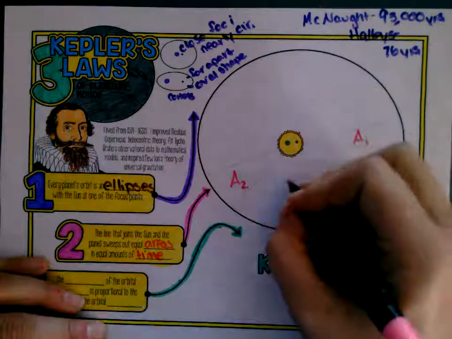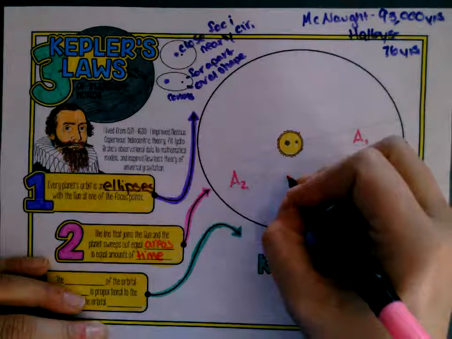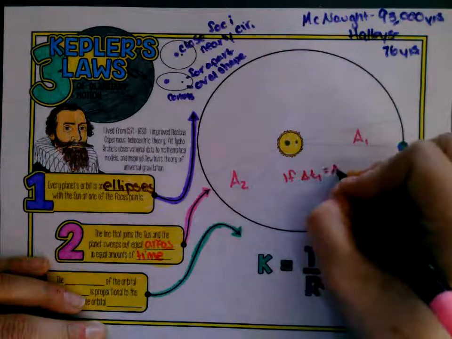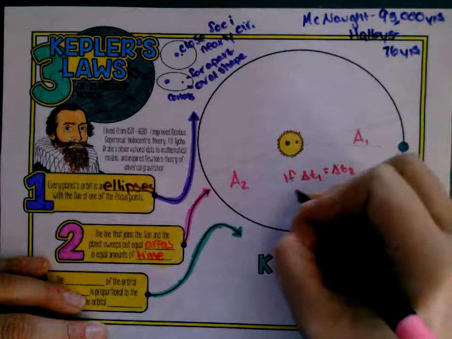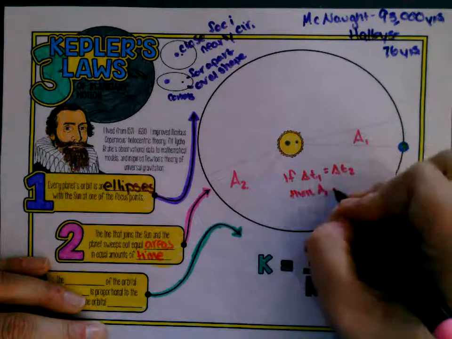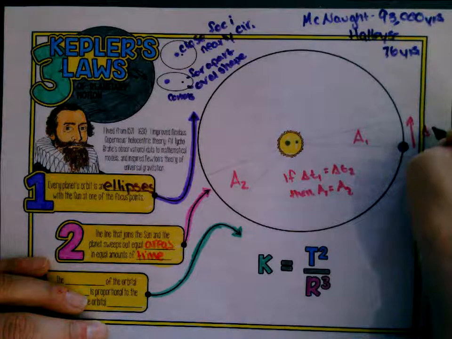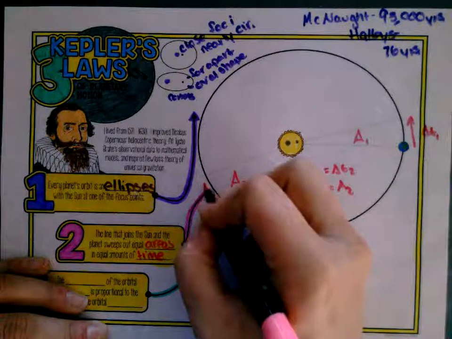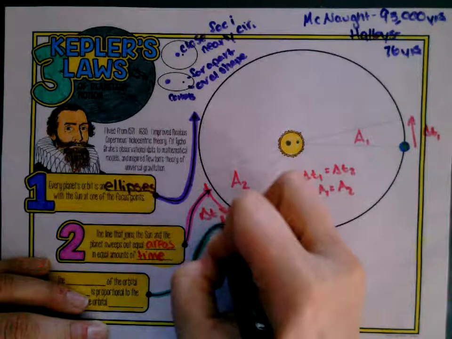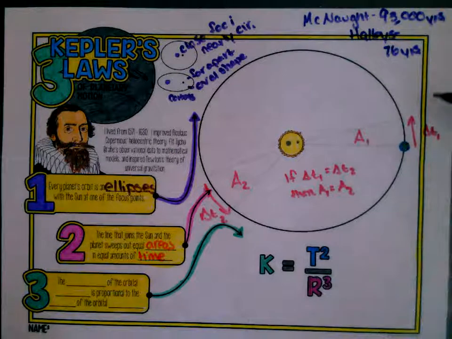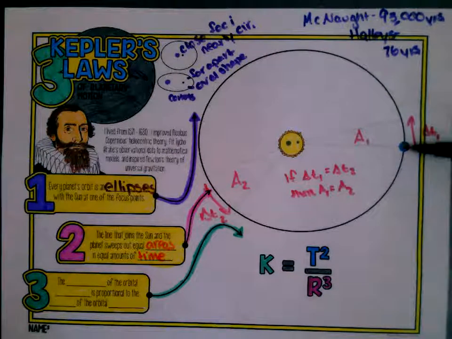If change in time 1 is equal to change in time 2, then A1 is equal to A2. This right here is change in time 1, and this right here is change in time 2. So it has equal areas in equal amounts of time. If it takes 2 hours to go from here to here, then it takes 2 hours to go from here to here, and those areas are equal.